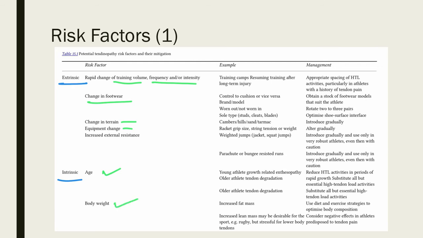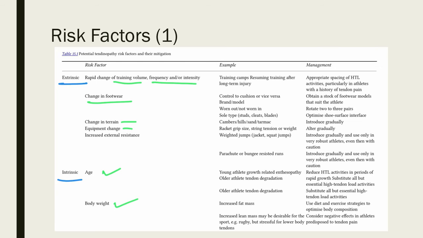Body weight is also another large intrinsic risk factor. If someone is overweight or they have primarily an increased fat mass, that can produce a large amount of load placed on tendons that's not very necessary.